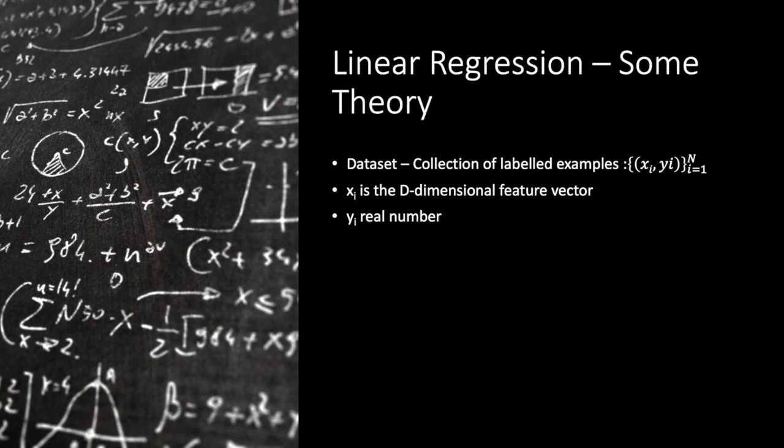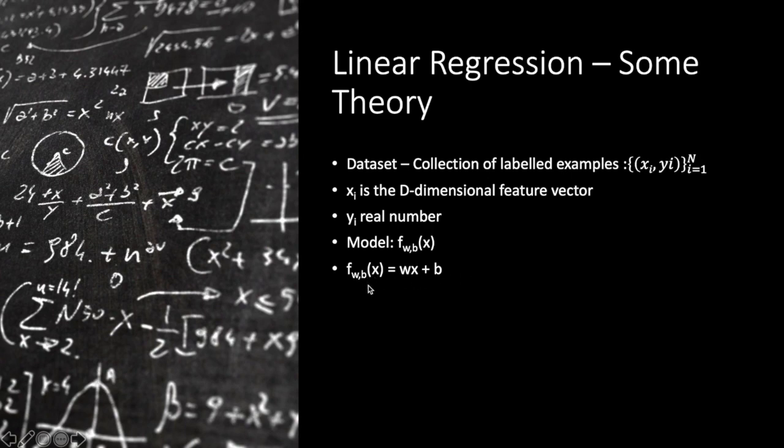And every feature x_j is also a real number. And what we want to do here is basically build a model f_{w,b}(x) as a linear combination of features of our examples. So as you see here, the input is the feature vector x, and then we make a linear relationship here.